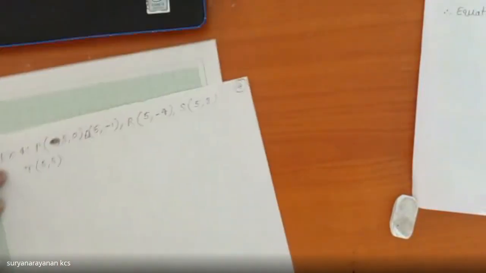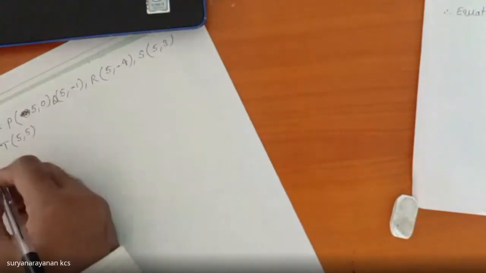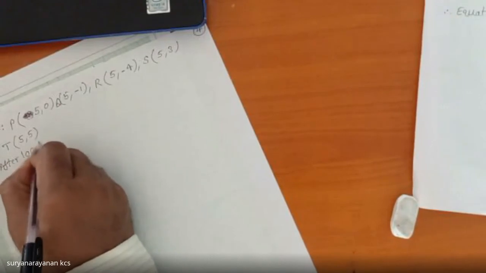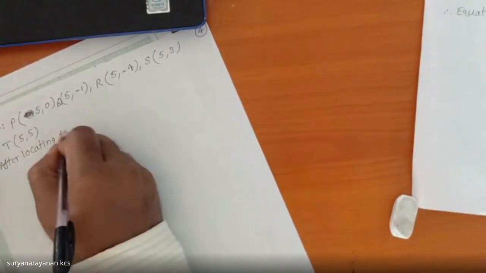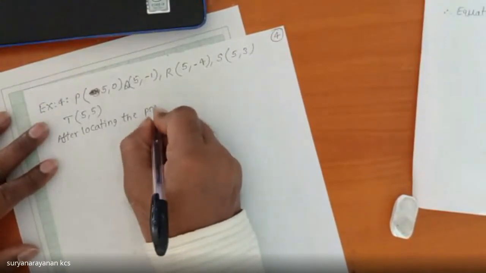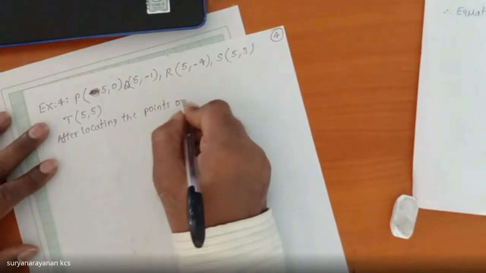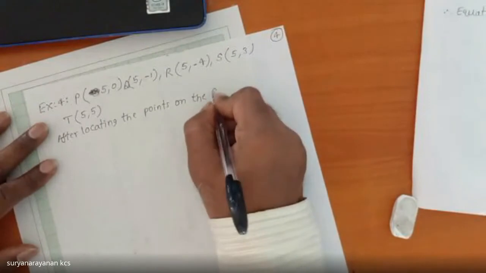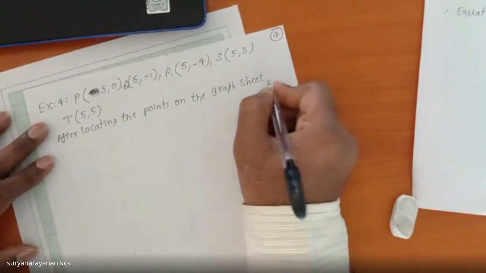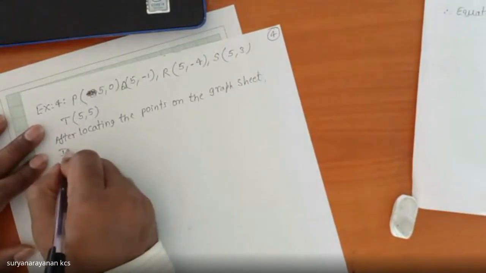Now let us write the points here. After locating the points on the graph sheet, join them.